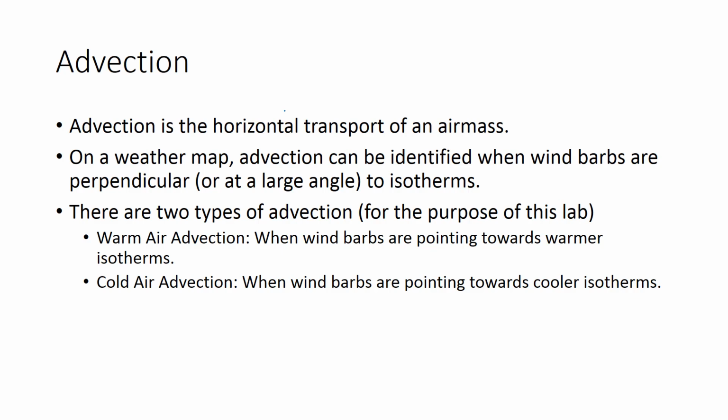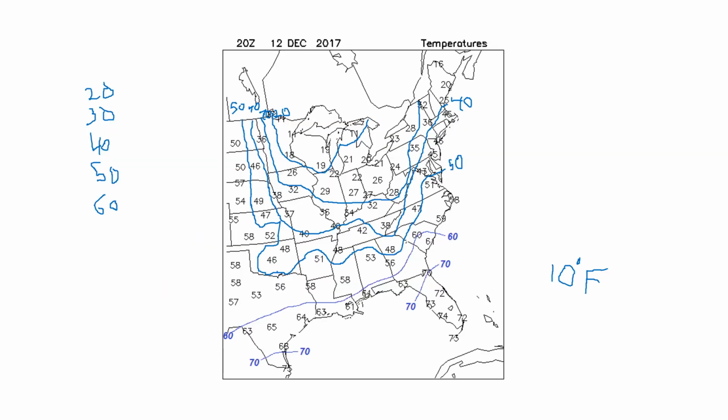Now, if you go back to these isotherms, the way that you can actually identify areas of advection, which you can't do right here, but if you were able to, is if you had station models. So remember station models? Those were those little circles with the wind barb that points out of it.